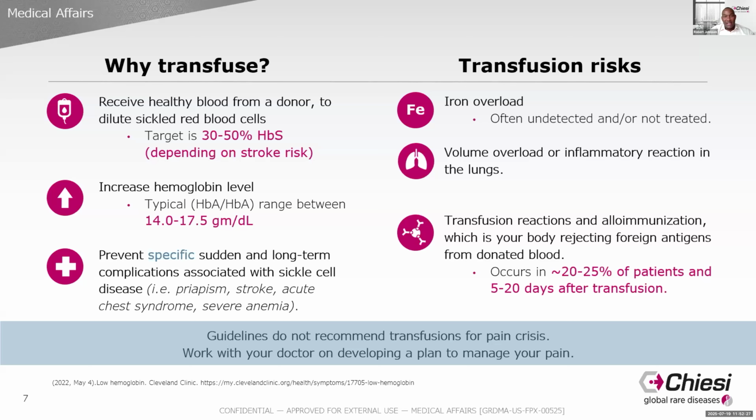Now, most sickle cell patients can function, I won't say ideally, but they can function well enough at their normal baseline state. If one does not understand what that is, especially someone who is not familiar with sickle cell disease, and is not aware of this normal decrease in your baseline hemoglobin level as a function of the disease, they may end up transfusing you to a normal hemoglobin level.